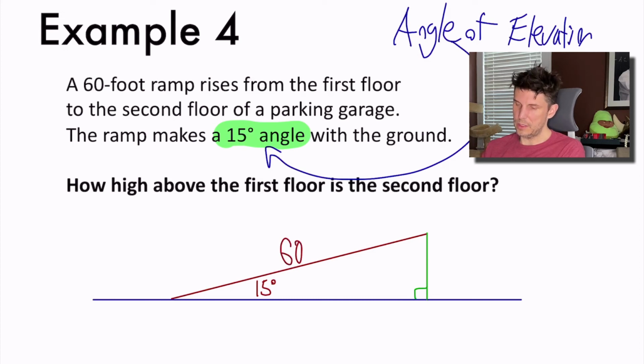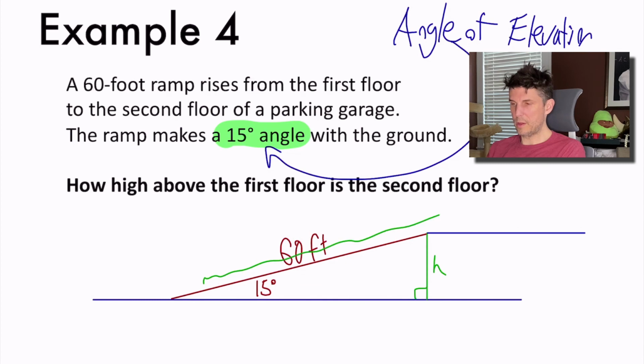So this is 60 feet, and I want to figure out, it says how high above the first floor is the second floor, right? So I'm just going to pretend that we got to the second floor here. So this right here is the height between the first floor and the second floor, right? And your car is going to drive up that.